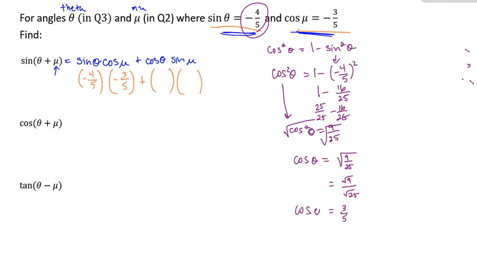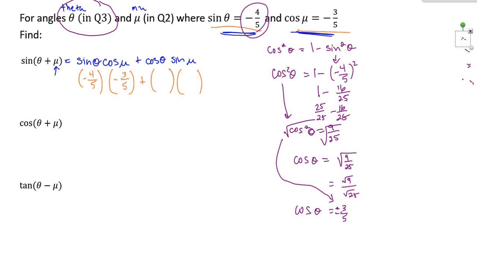But because we took the square root right here, you can't forget that there's a plus or minus out in front of there. So which one do we use? Well, that gives you more hints up here at the beginning. It says that theta is in quadrant 3.